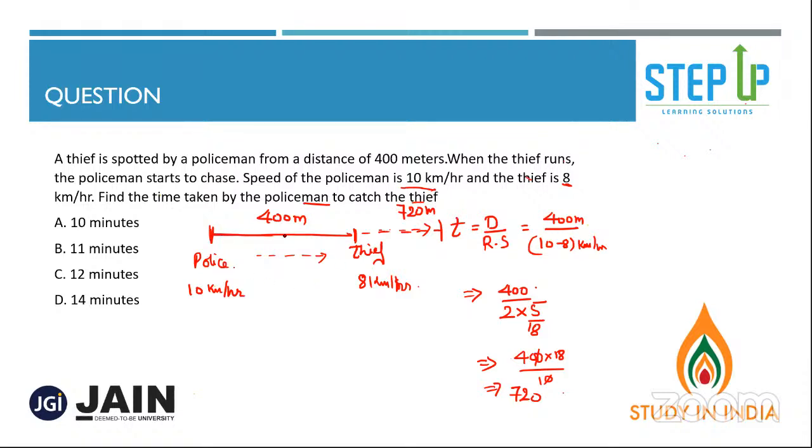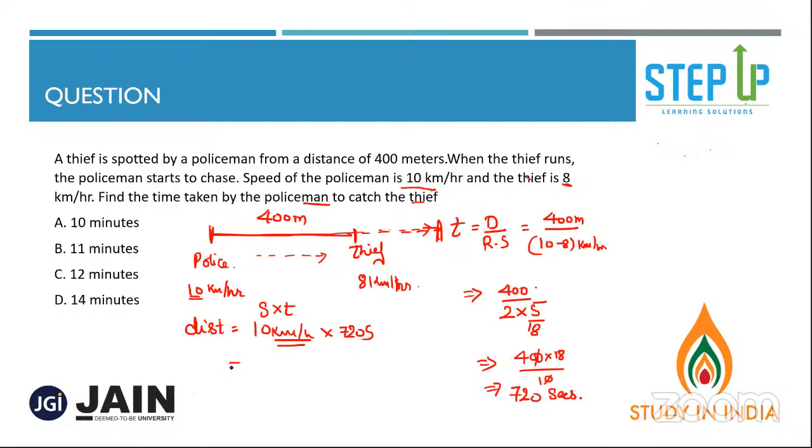So total distance covered by police is what? 720 meters. 720 seconds, not time. Yeah, this is 720 seconds. So distance will be equal to speed into time. So time is 720 seconds. This is in kilometer per hour, 10 kilometer per hour into 720 seconds.